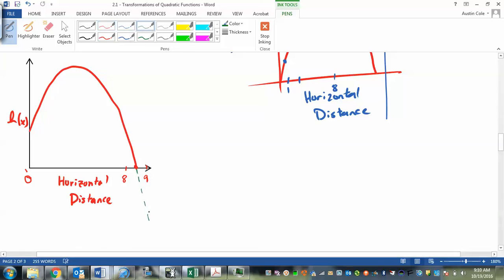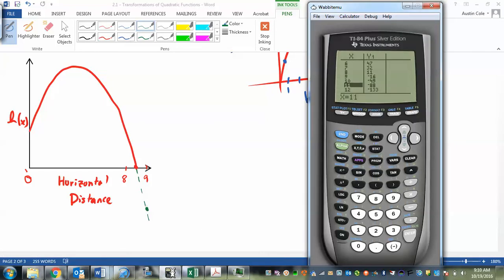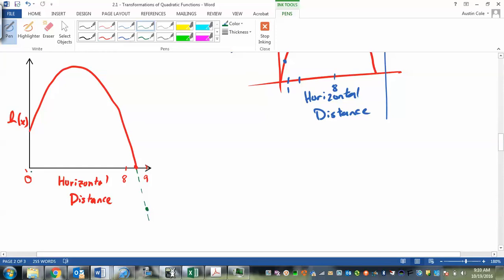It's not real life because it hits the ground, but the path, the parabola, does keep going. Now, at 9, where are we? Negative 16. So right here on our y-axis, at 9, I'm at negative 16.